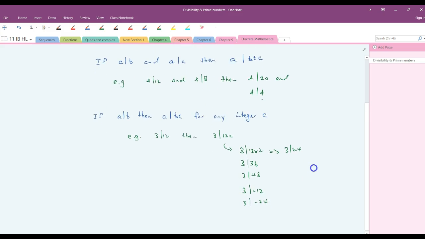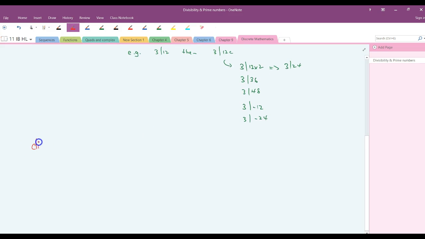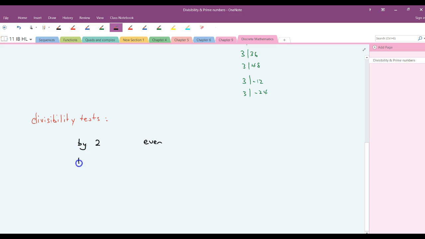Okay, now divisibility tests. These are fun. Now you will have struck these before quite a long time ago. So for divisibility by 2, we just need the number to be even, so it ends in 2, 4, 6, 8, 0. Divisibility by 3, you might remember, is that the sum of the digits is divisible by 3.